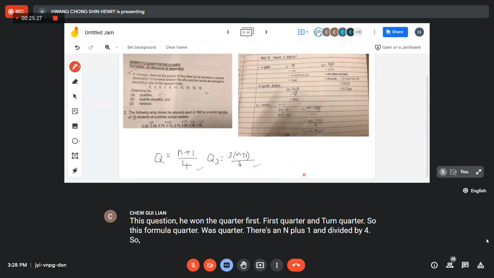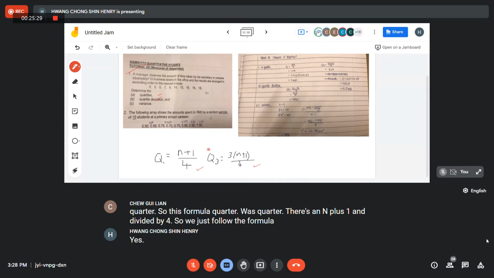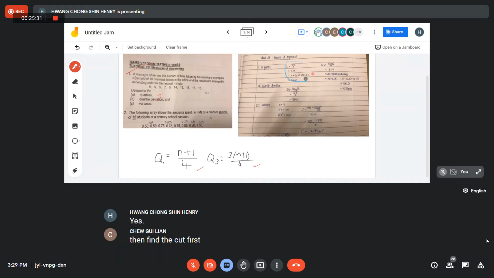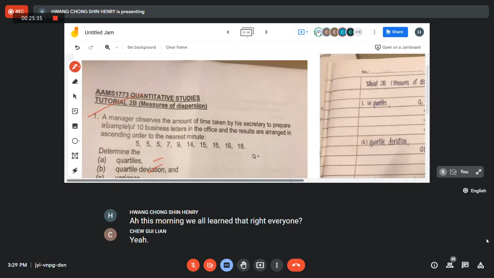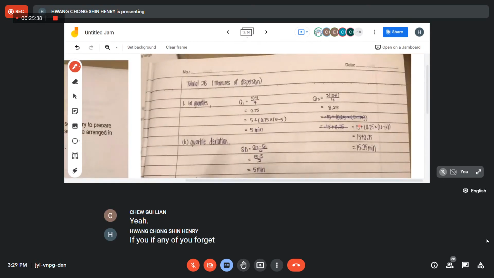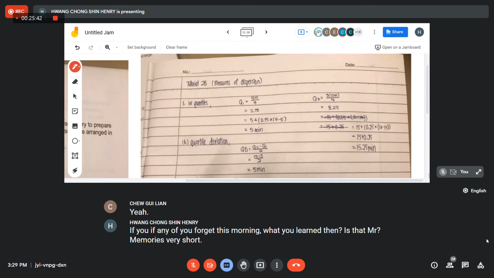We just follow the formula and then find the first quarter. This morning we all learned that, right, everyone? If any of you forget what you learned this morning, that means the memory is very short. So n plus 1 over 4, I explained to all of you, right?